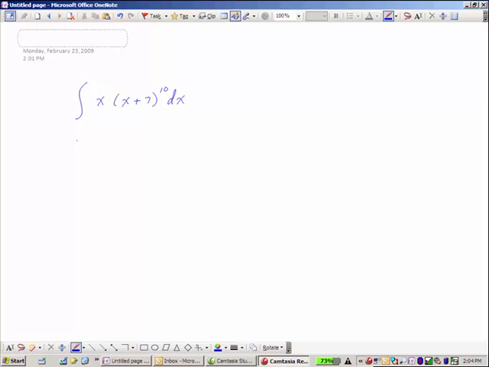Okay, so the key to using U substitution is you find the more complicated expression and you pick the inner function. So in this case, we have x and we have x plus 7 to the 10th, the more complicated one. I pick the inner function and I let u equal x plus 7.